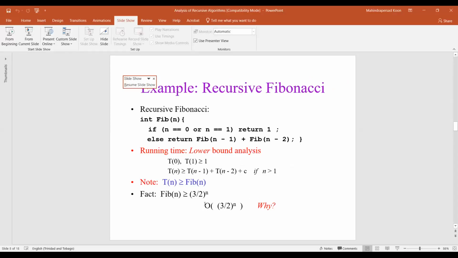See, they give you it's the order of 3 over 2 to the power of n. This is exponential if you have to work it out. But there are shorter ways to deal with it. See, T of n is greater than or equal to the time for n minus 1 plus n minus 2 plus some constant.